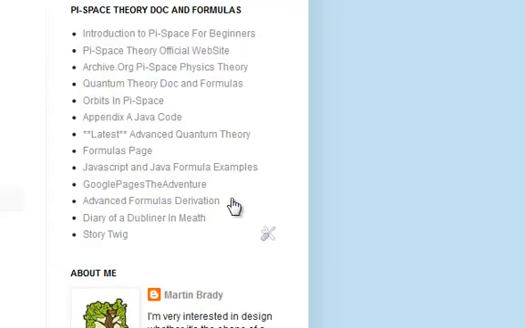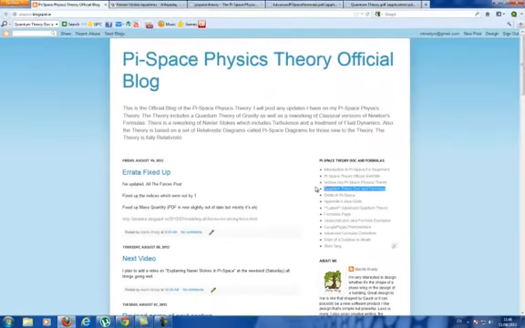Now, the advanced formulas derivation I've talked about before, and in that there's discussions about how to model kinetic and potential energy, and we're going to build off that and model it in a more general way in the quantum theory doctrine formulas, and then we're going to bring in the Navier-Stokes concepts, which are kind of bundled in together to try and explain how it all works.